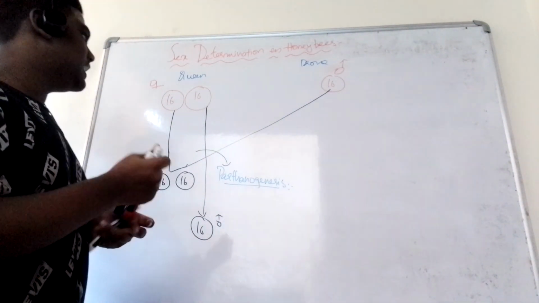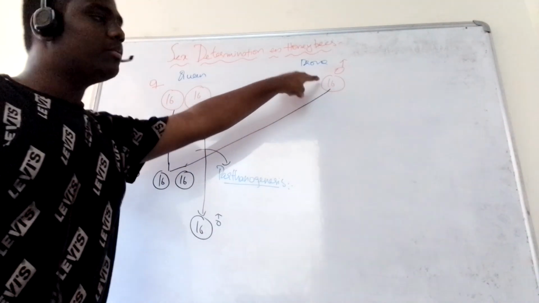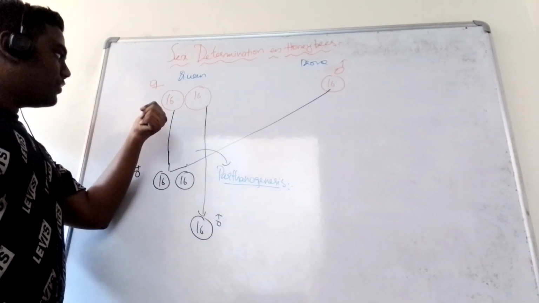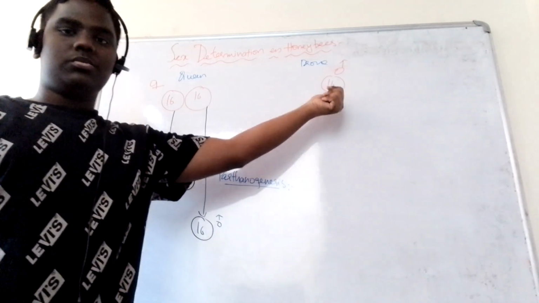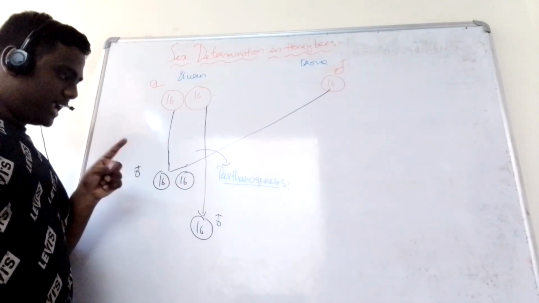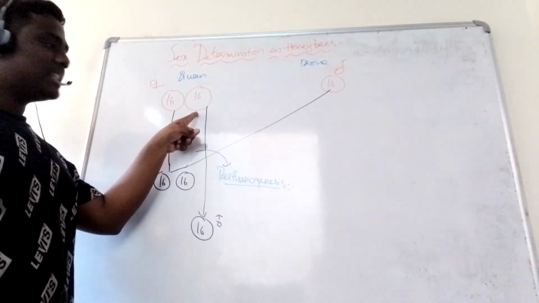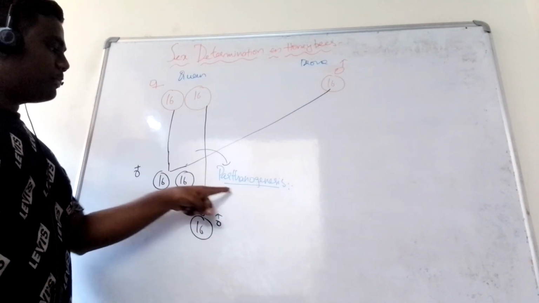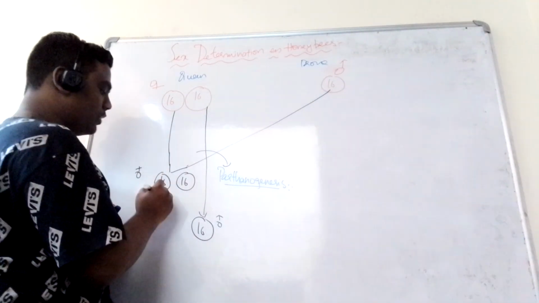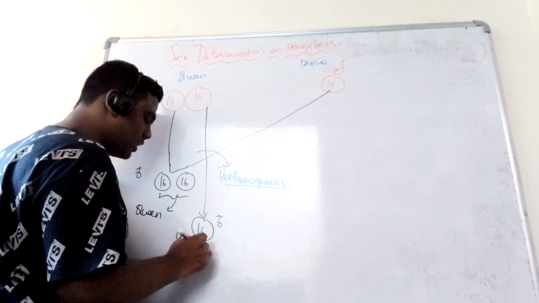To recapitulate: 16 chromosomes from the female and 16 from the male fuse to form a diploid female, and one egg is left with the queen, which undergoes parthenogenesis and forms a male, which is haploid.